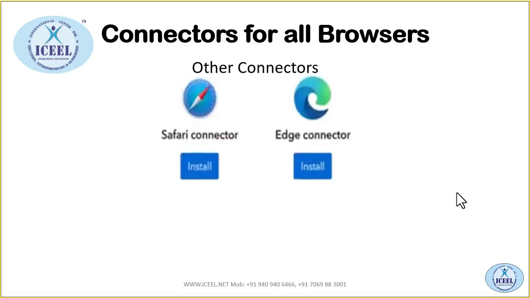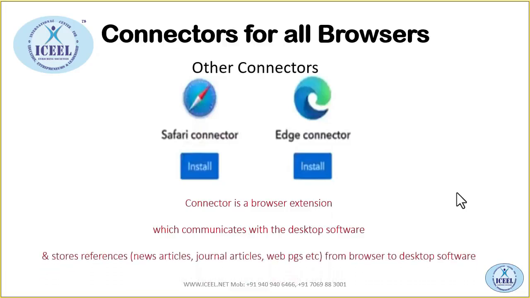You can call it a portal between the internet and your desktop standalone application. So the connector is a browser extension which communicates with the desktop software and stores references, like news articles, journal articles, web pages, from the browser to the desktop software. Simple. So it is a very useful thing. Wherever you are online, if you want to take something directly into your Zotero as a reference, you can have it.